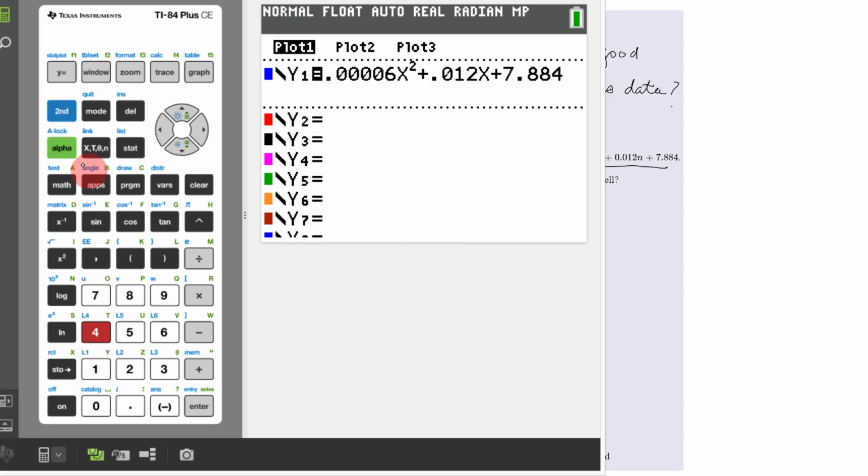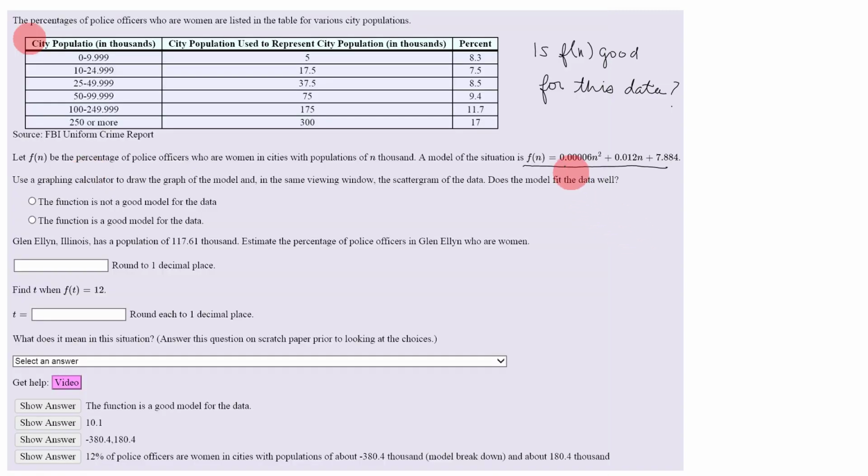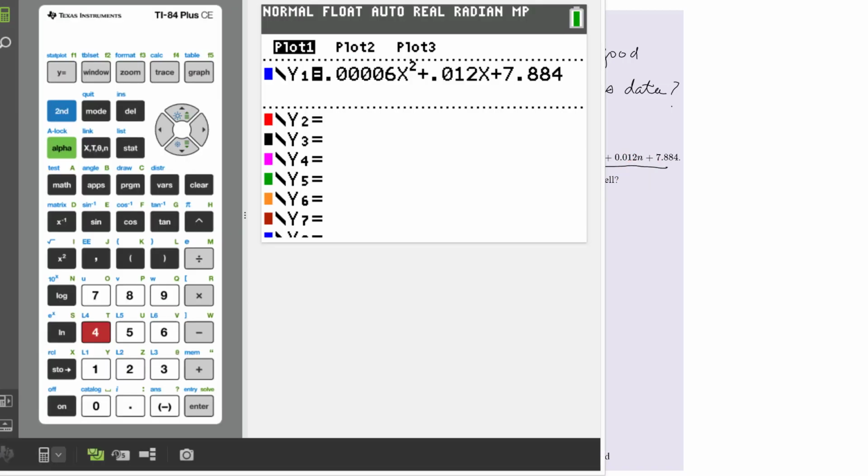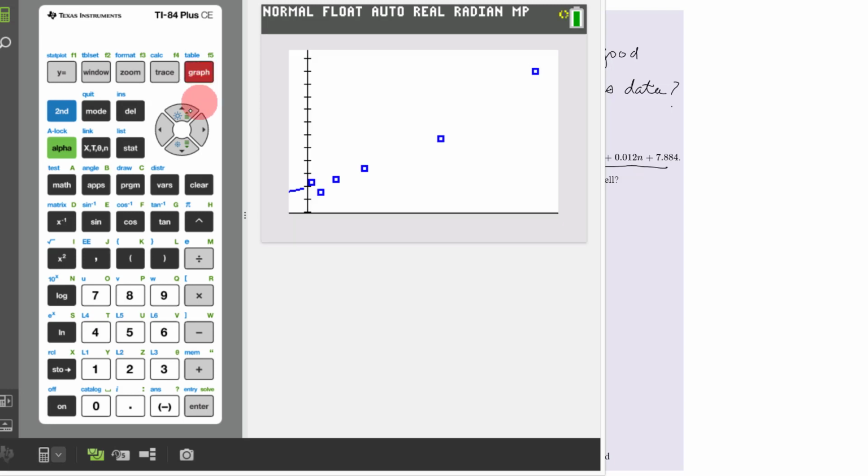So let's double check: 0.00006 n squared, 0.012, and 7.884. All right, let's go now back to graph and see how this model fits the data. And we can see that that model definitely fits these data.